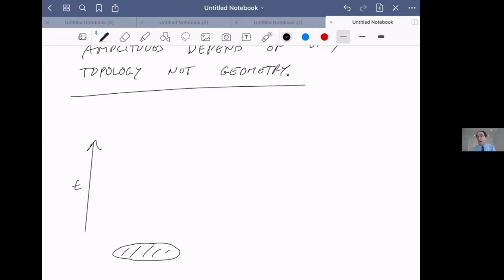Let me draw an experiment which asks us to measure some probability amplitude. Let's imagine this physical system is in its ground state, and that the ground state is gapped. It's just sitting in its ground state doing nothing.